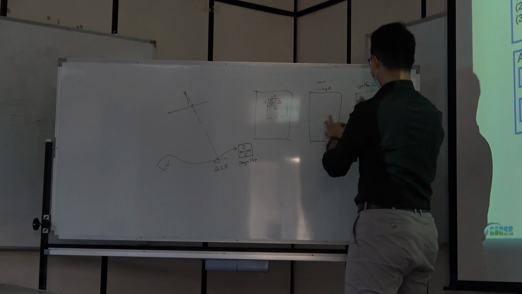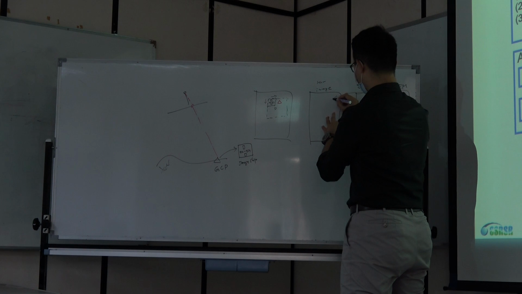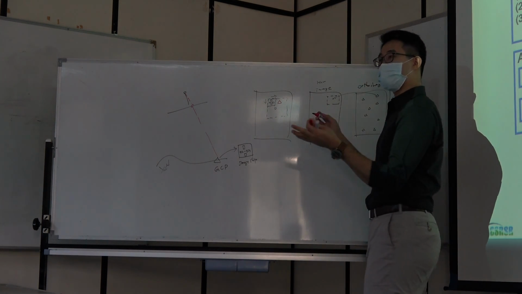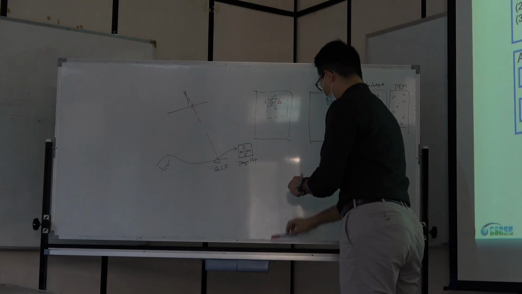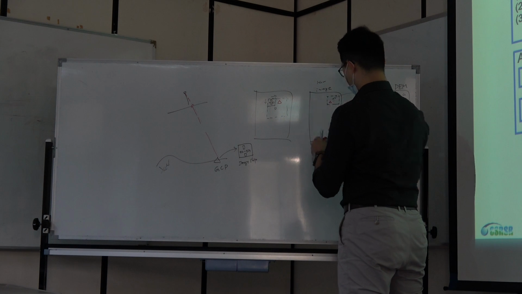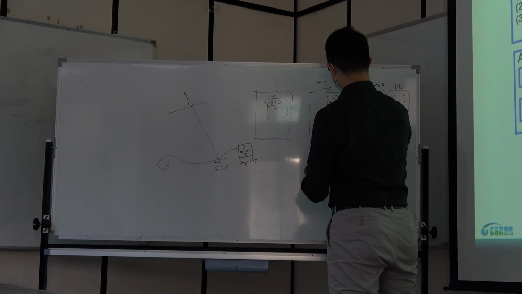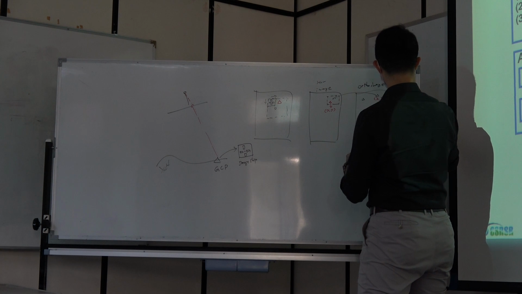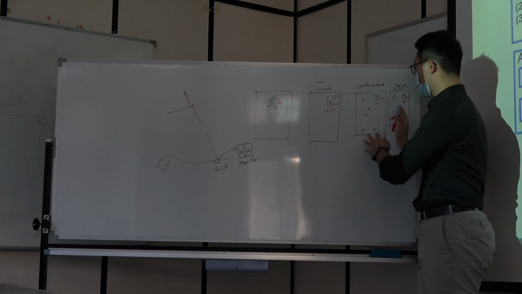For example, this one, we can project it to some location like over here, and we can open a search window and perform the image matching, and eventually you find out, okay, the matched control point is over here. So you have X, Y, and this is Z. So you have the GCP.